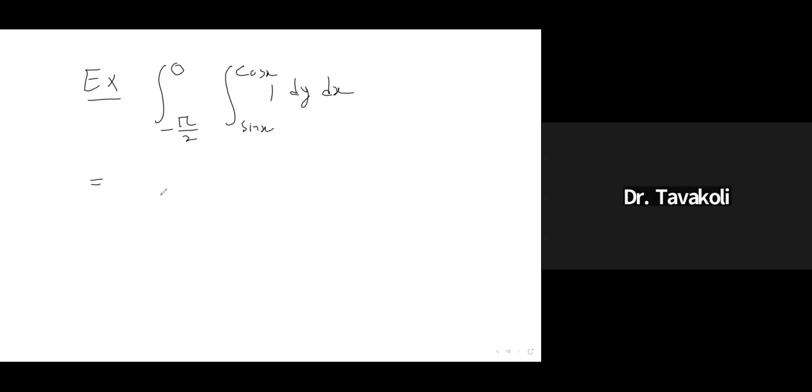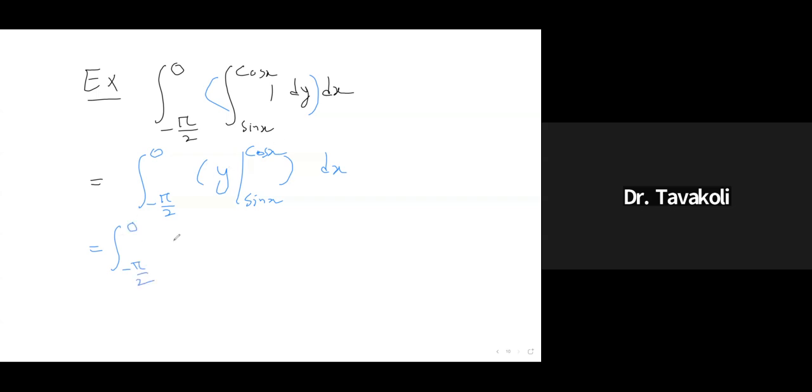Okay, so first let's do the interior integral. Antiderivative of 1 is y. And that y should be evaluated at these limit values, which are functions of x, and we should do the subtraction. So the integral from minus pi over 2 to 0.